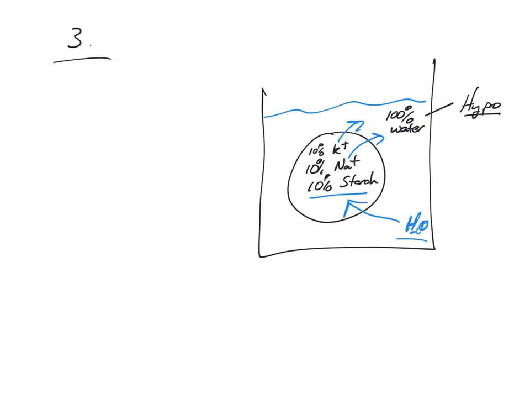If this was a real cell, who knows, maybe the cell would burst. All right, do we understand that? So you should be able to answer the questions now that we went through that. Anybody have any questions about problem 3? Concerns? All right. Following the same rules, every time you do these, it'll be the same solution.